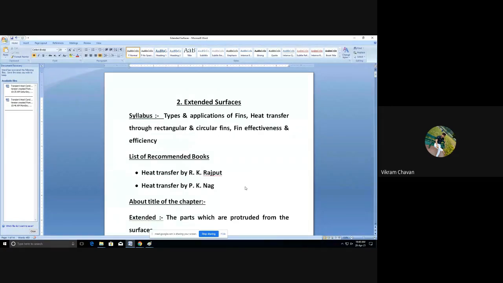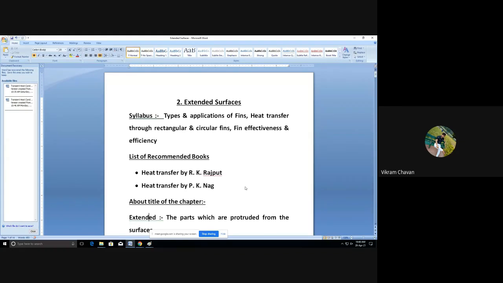So I recommended the books for this particular chapter, that is nothing but Heat Transfer by R.K. Rajput and Heat Transfer by P.K. Nag. Already I have given the link of downloading the R.K. Rajput book and Yunus Cengel book in your study material.